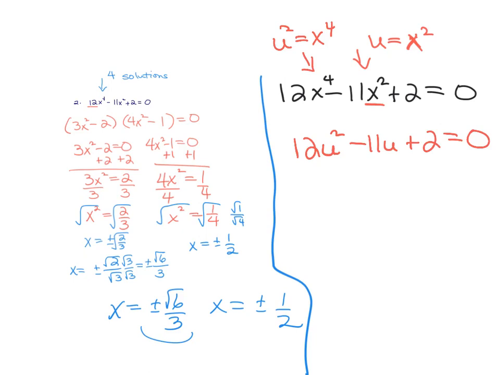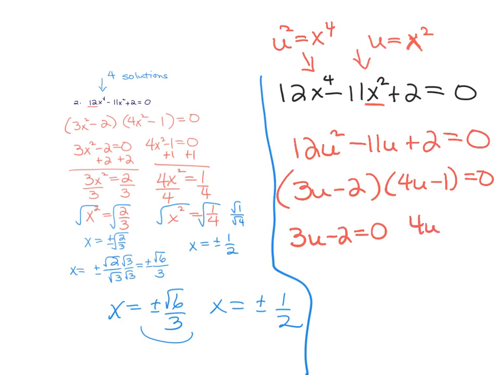And I'm going to factor it the same way though. So now it'll just become 3u minus 2 and 4u minus 1. It's a simple quadratic. Again, solve it the same way. Set each factor equal to 0.